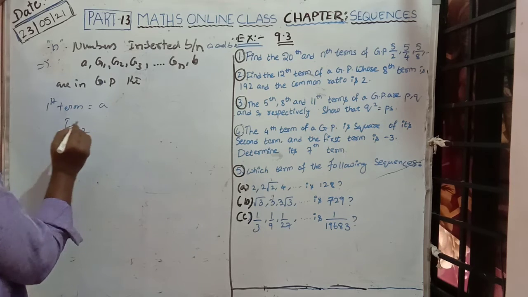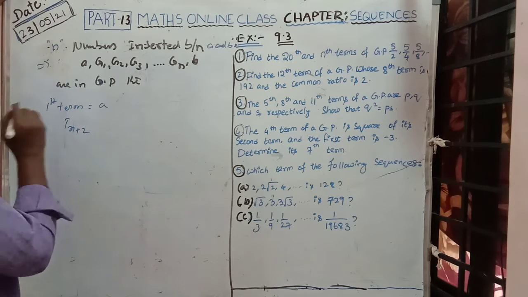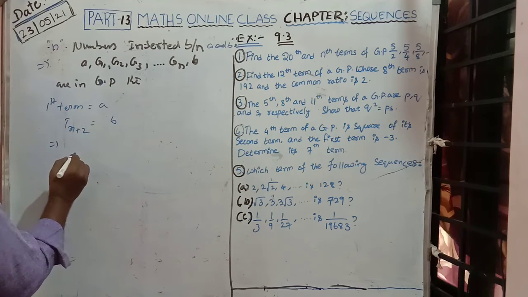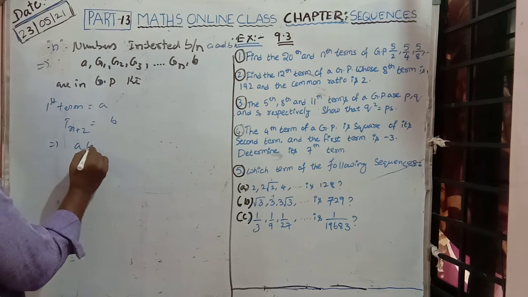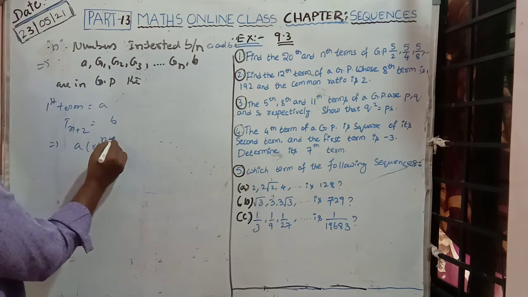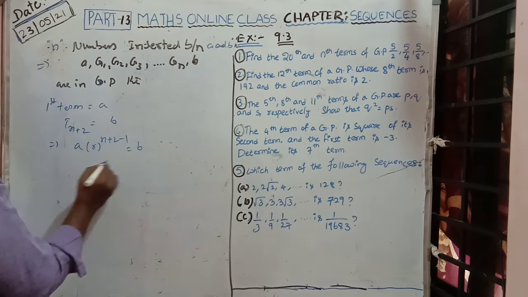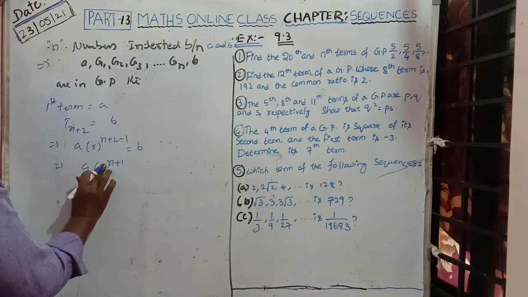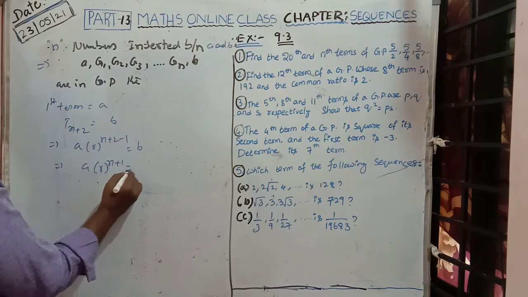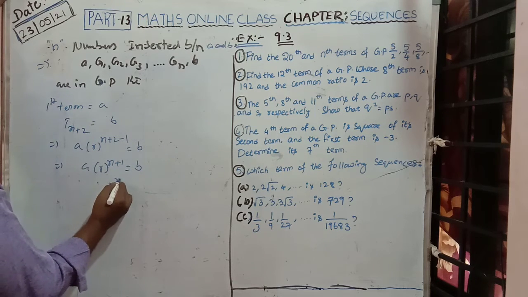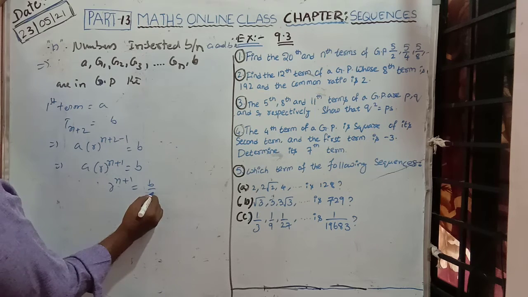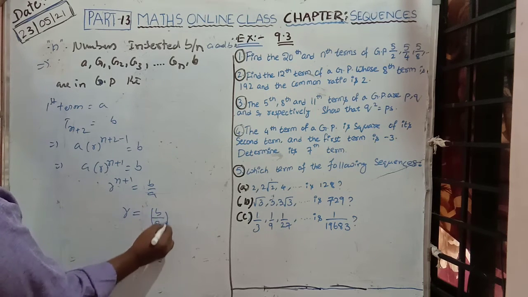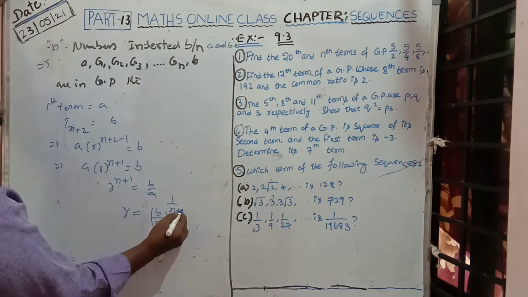T(n+2), that is the (n+2)th term, is equal to B. That implies A R power (n+2) minus 1 is equal to B. That implies A R power n plus 1, R power n plus 1 is equal to B by A.